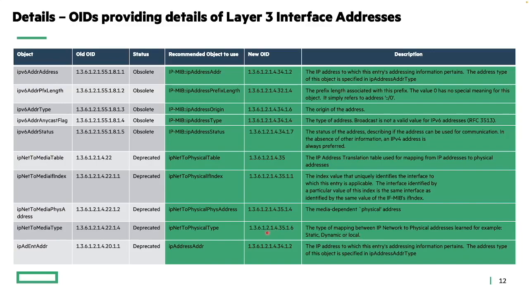So you can use that, right? So all these are there, and you see dot 34 is mainly revolving around IP addressing layer 3 interfaces. Dot 35 is revolving around physical IP net to physical address. So that's another way of remembering the OIDs.